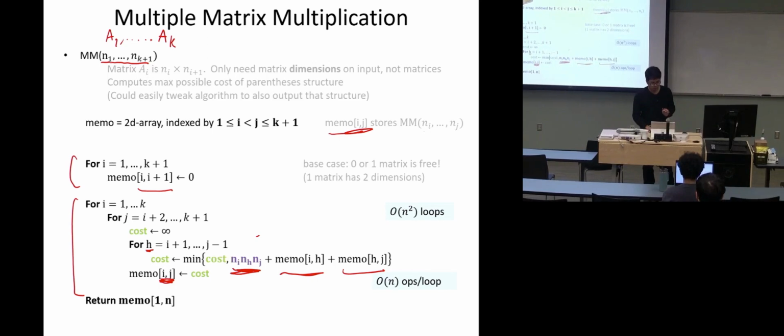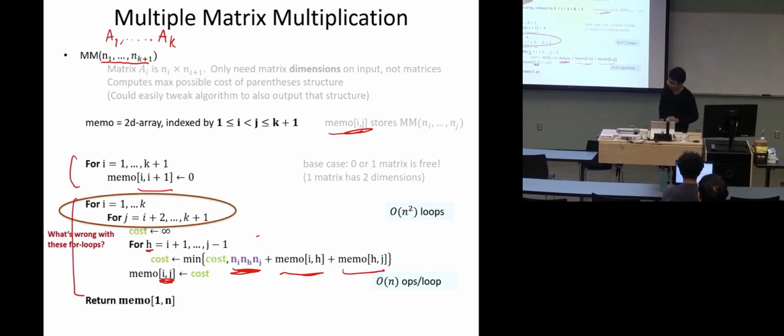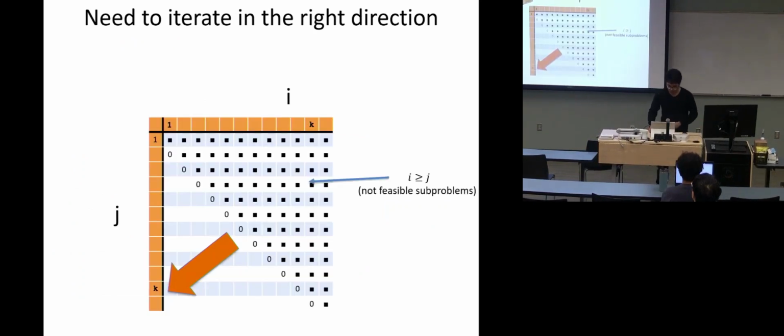Except that there is one thing that is wrong about this. If I just write down the for loop in the natural way, there's something which is wrong. Let me tell you why. Basically, we need to fill up the table in the right direction. So if this is index i and this is index j, these are the base cases that I fill in.